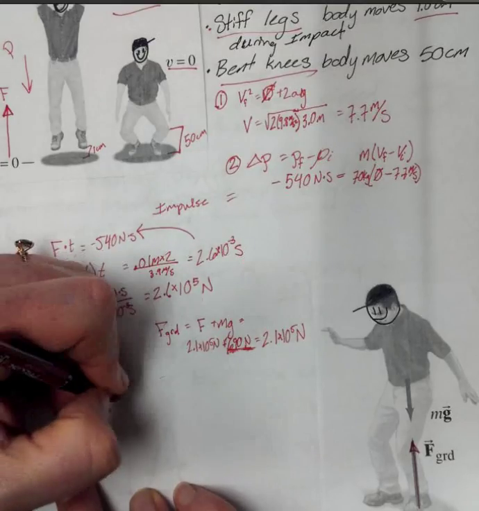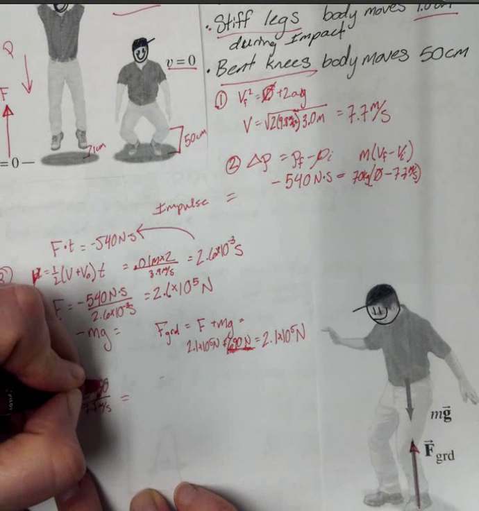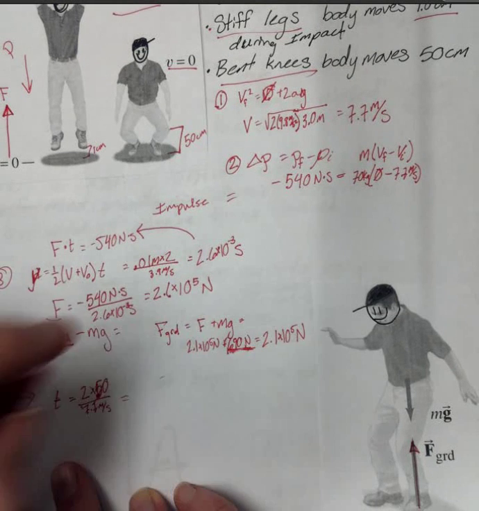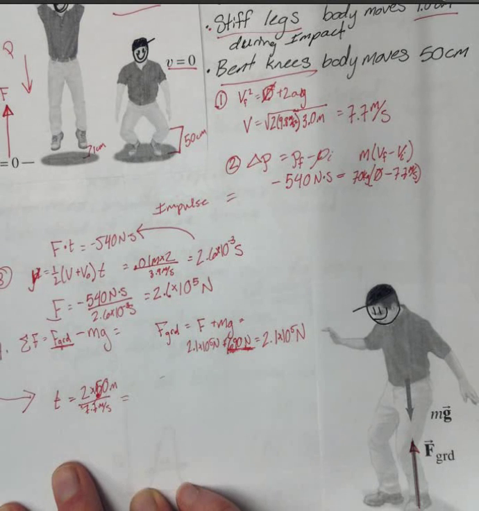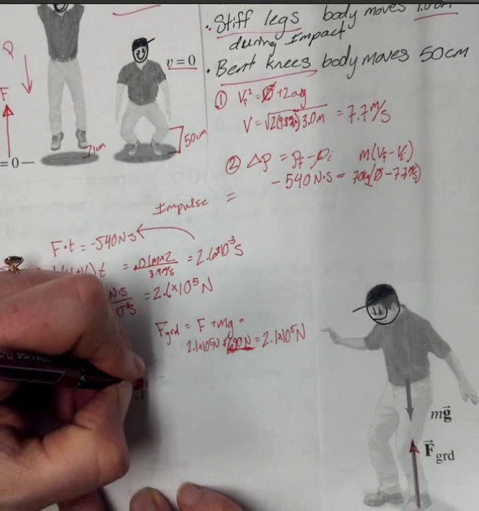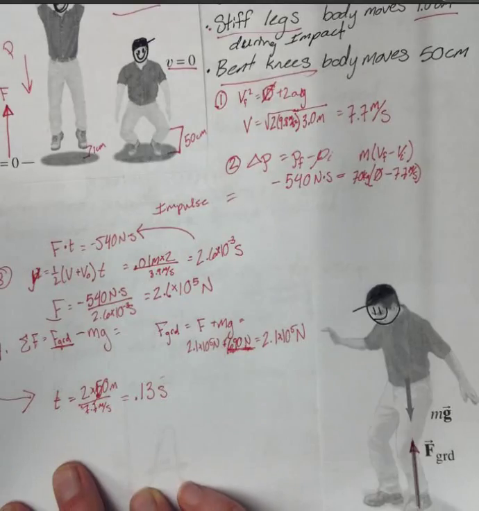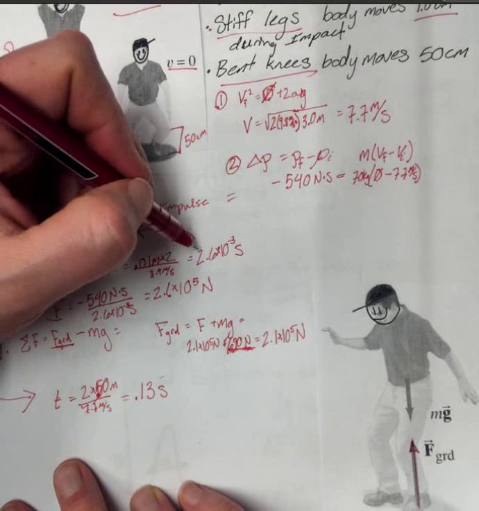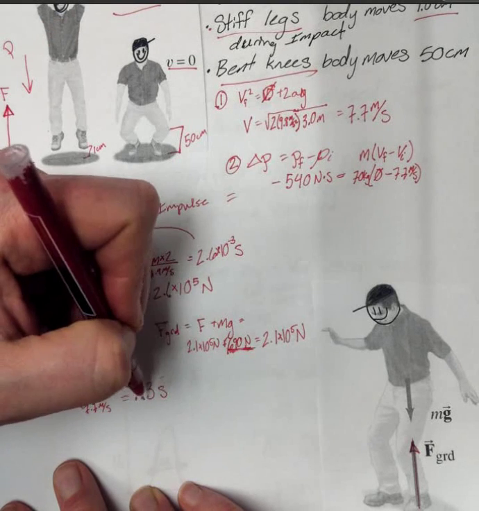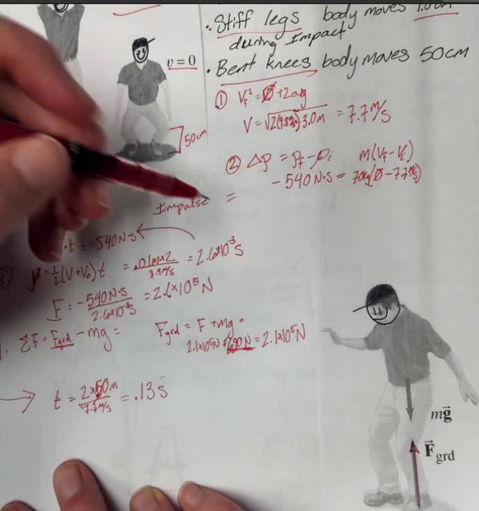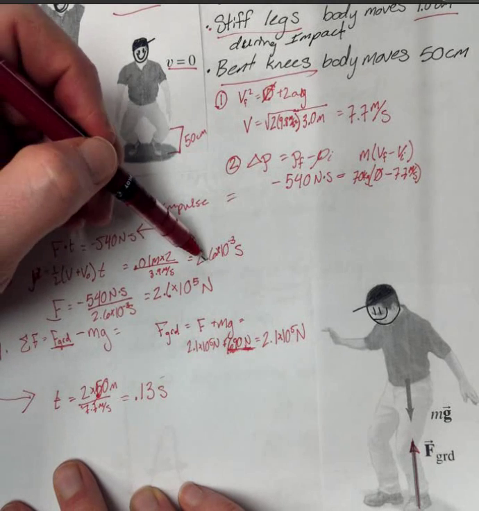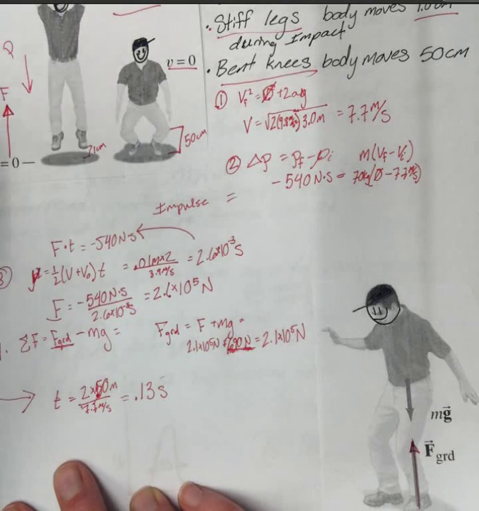So the time it took him to land 50 centimeters, or 0.5 meters, instead of falling for just 1 centimeter, is a lot longer. It took him 0.13 seconds to cover that displacement over that change in velocity. And if you look at 2.6 times 10 to the negative third versus 0.13 seconds, we're looking at 1,000th of a second versus 1/10 of a second approximately.